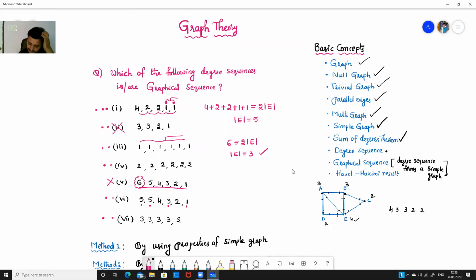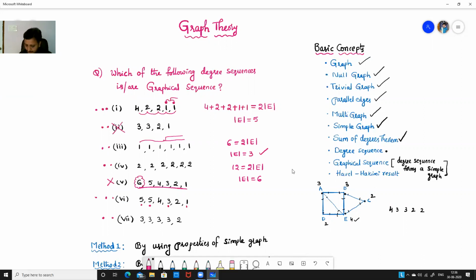Okay. Next, if you see this one, total we are having 6 into 2, 12. So 12 is equal to 2 into the number of edges. Sum of degrees of all vertices equals 2 times the edges. The number of edges is equal to 6. Therefore, we cannot eliminate this option also. Next option.